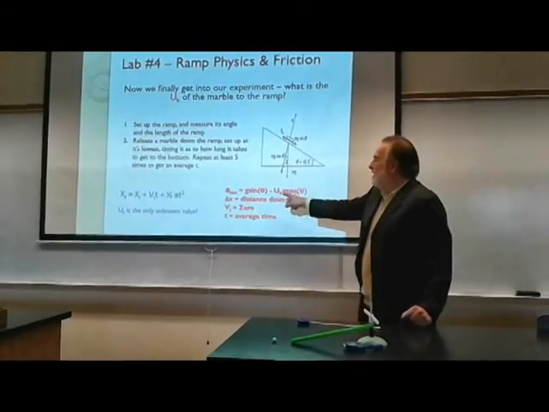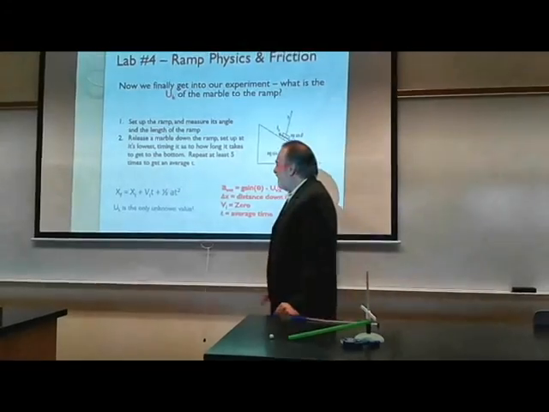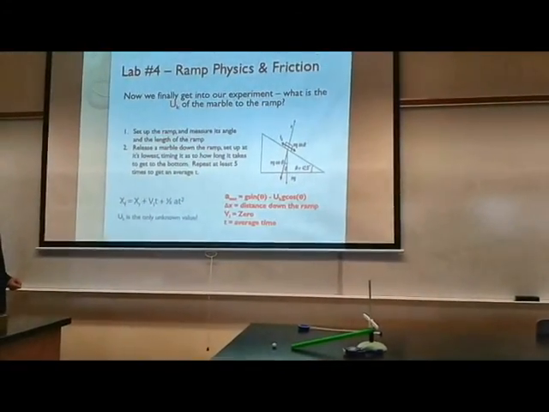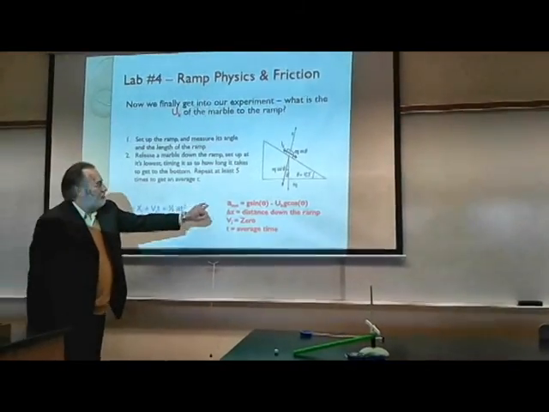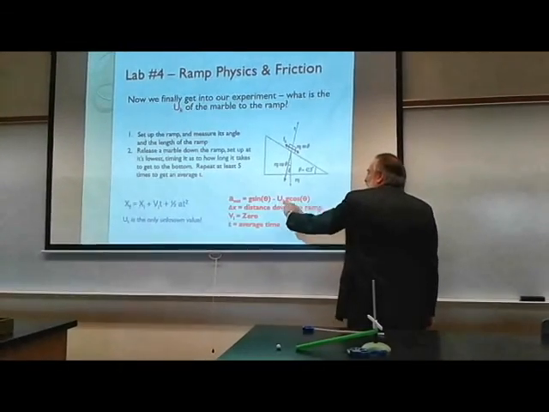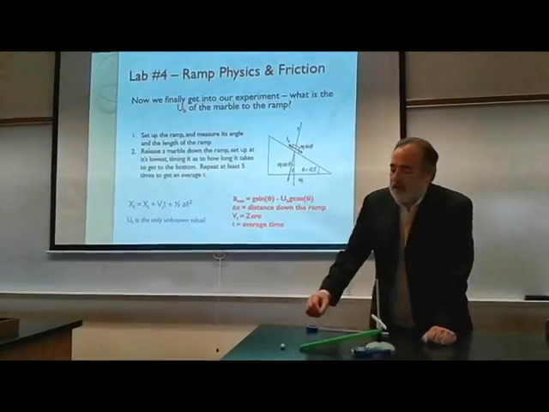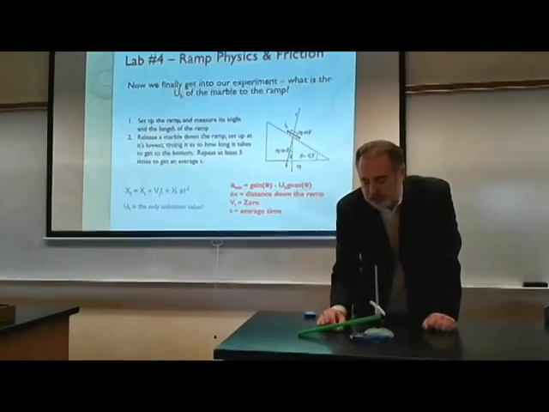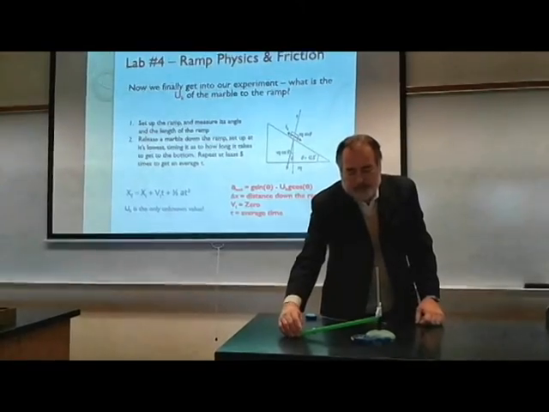Well, if we plug in these pieces of information into this third equation, we only have one unknown here, and that would be specifically the coefficient of kinetic friction. You would be coming up with, by experiment, the coefficient of kinetic friction between the marble and this plastic ramp.